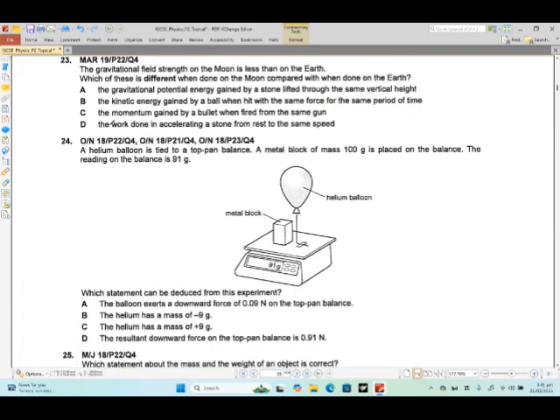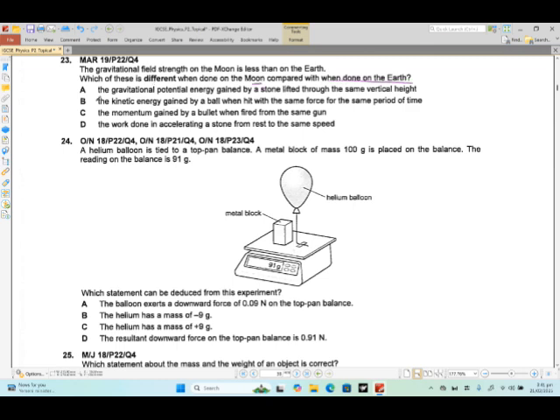24. The gravitational field strength on moon is less than that of the earth. ये तो मेरे ख्याल से इतनी दफा क्वेश्चन आएगा कि आपको रट जाएगा कि मून पर और मार्स पे ग्रेविटेशनल फील्ड स्ट्रेंथ अर्थ से कम है। जब वो नहीं भी मेंशन कर रहे होंगे तो भी आपके दिमाग में ये बेल्स की तरह बजेगा। Which of these is different when done on moon as compared to when it is done on earth?